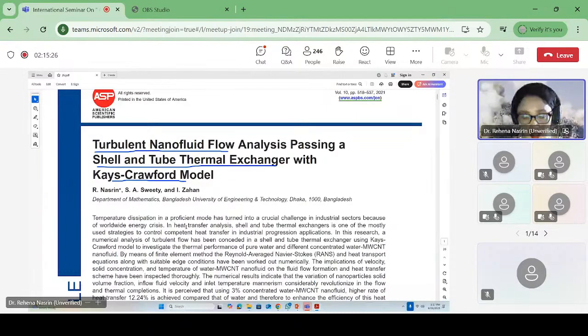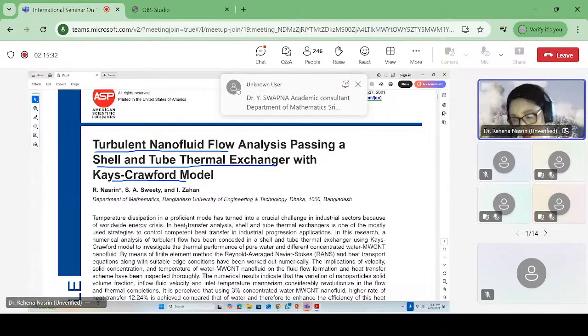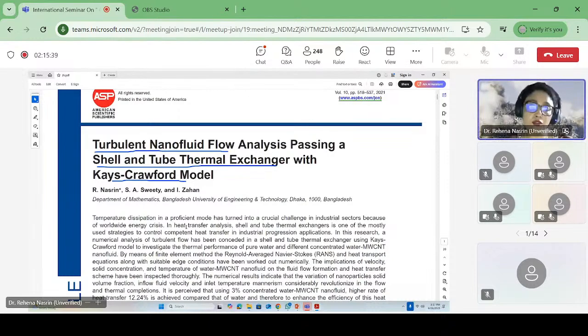But at a long distance, if we consider the long-distance flow, then the water becomes bluish and it is a steady, normal flow.